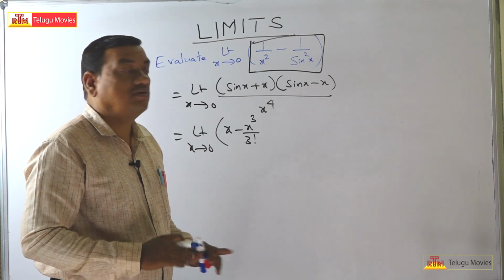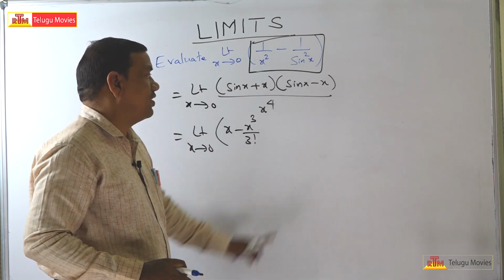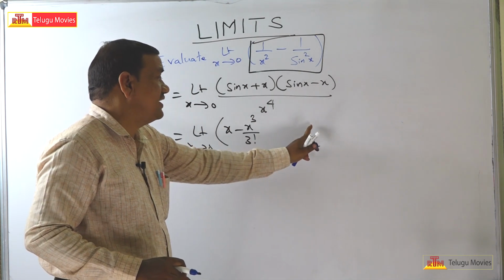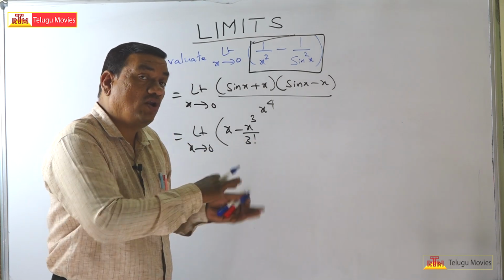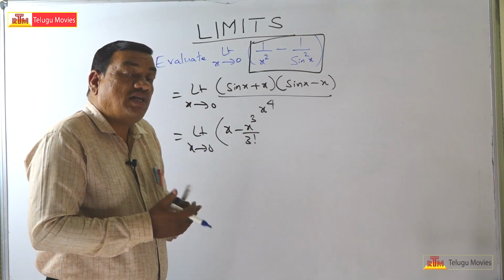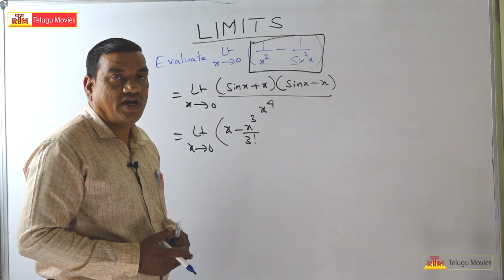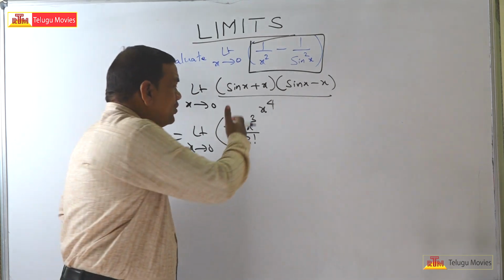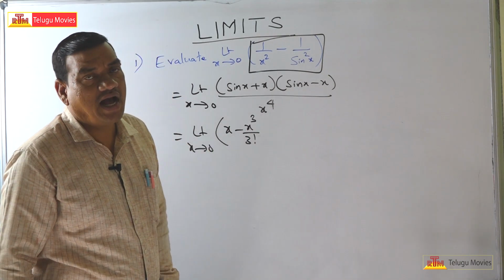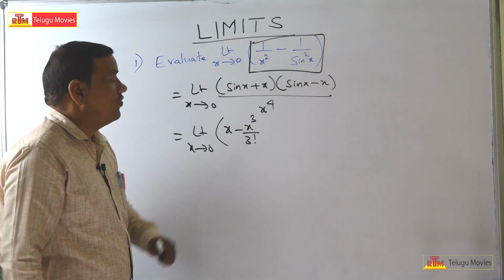No need of that. Only x cube by 3 factorial. Why? Because in the denominator the highest power is only 4. So, therefore, you can avoid the remaining higher powers of x.